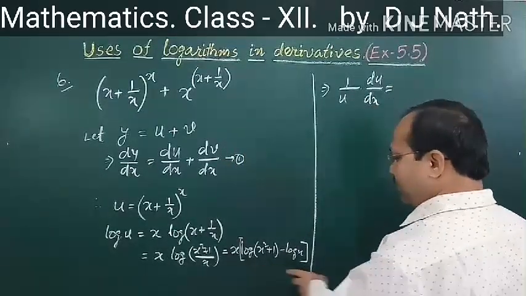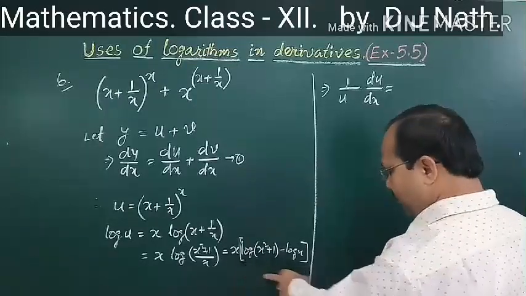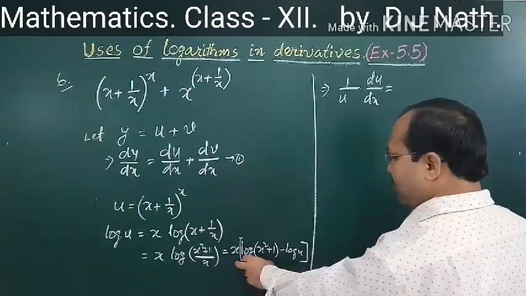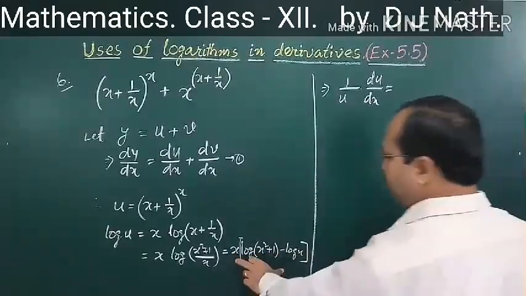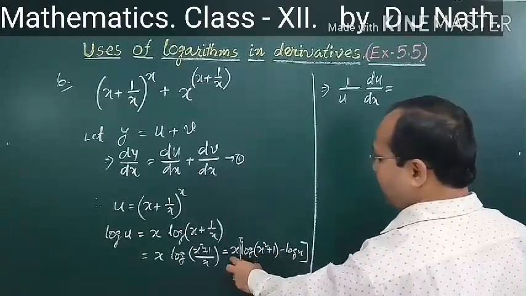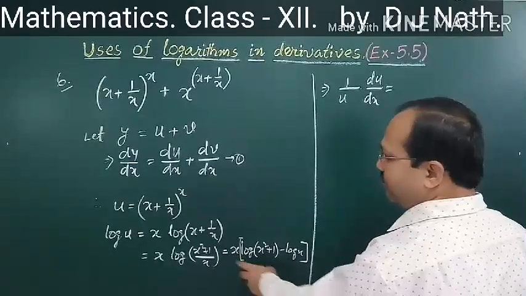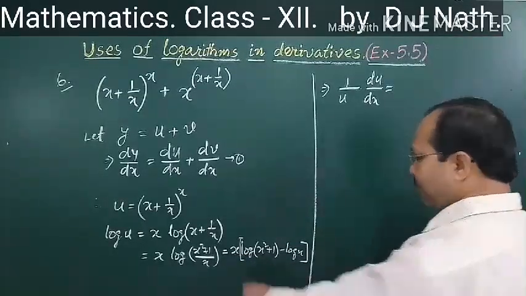Here it is x into this one, because here it is x log of (x square plus 1) minus x log x. That also we can do. So this is a product, we will use the product rule.